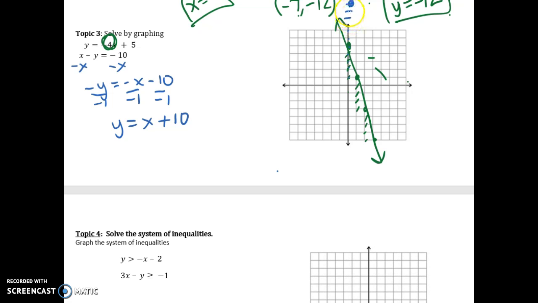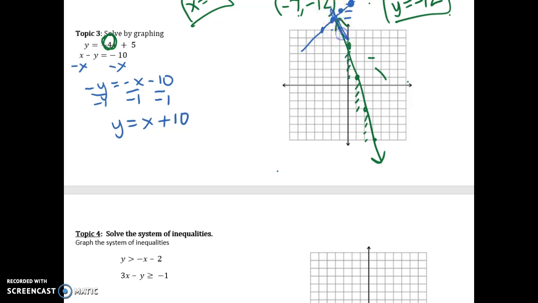So to plot my points, I have to go up 1 over 1. So technically, I'm going up 1 and over 1 like this. But that is going to take me way up the graph. So I'm going to go down 1 and backwards 1 because that's the same thing.